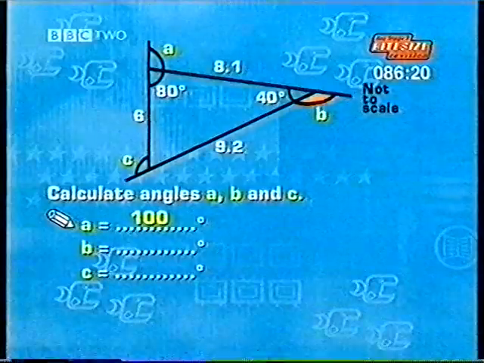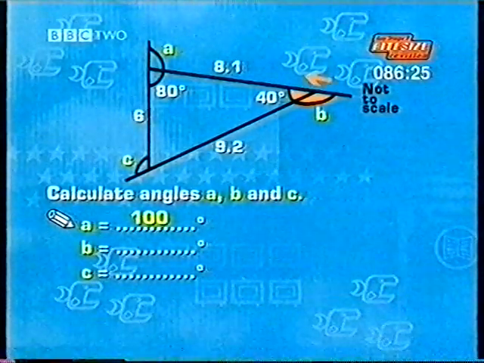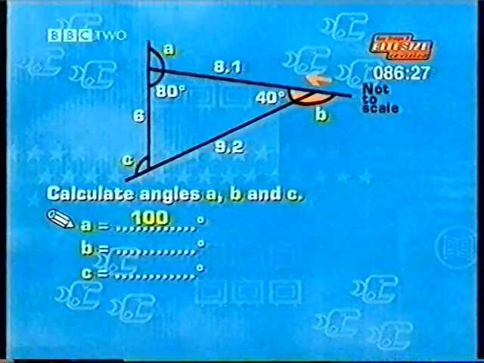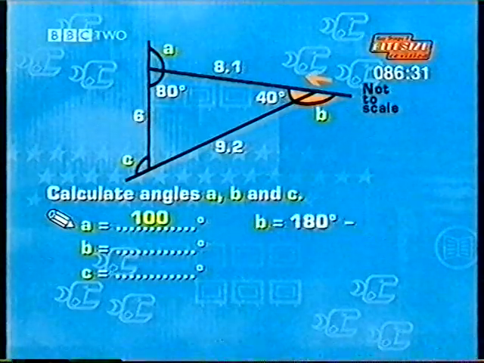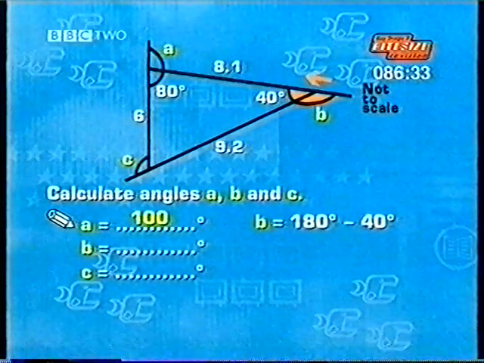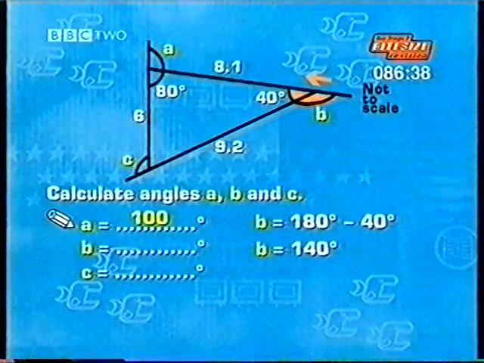Now, angle B. This angle also lies next to another angle on a straight line. Angle B lies next to 40 degrees on a straight line. So B equals 180 degrees minus 40 degrees, and that's 140 degrees.